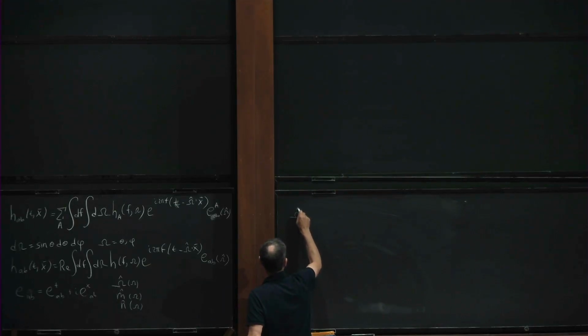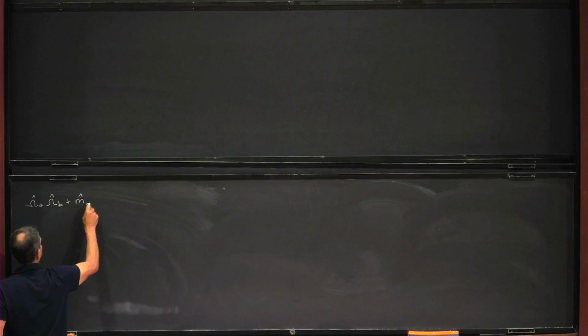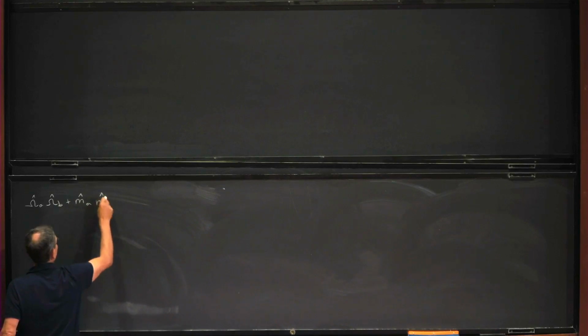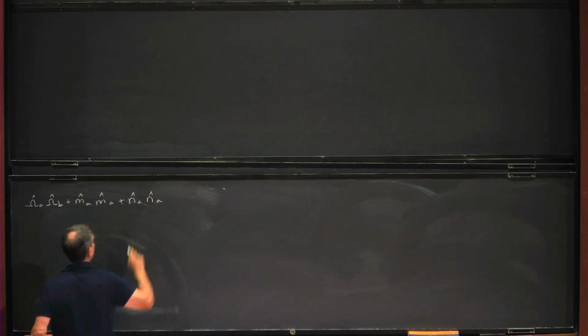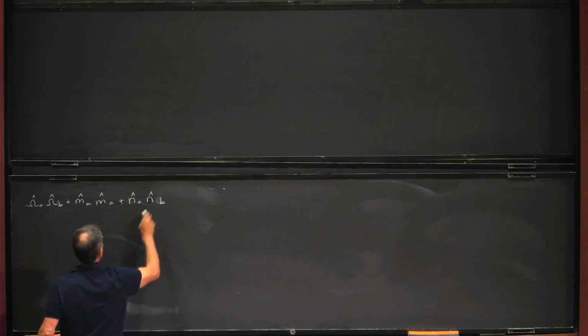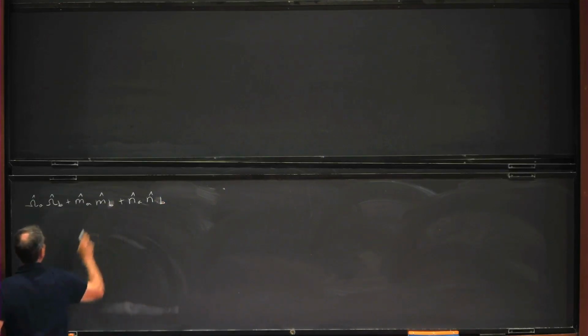I take the vector omega hat plus m hat plus n hat. Oops, that should be a B. And that should be a B as well. Okay. Look at that combination. So for a particular direction of the wave, that might be x hat plus y hat plus z hat, for example.